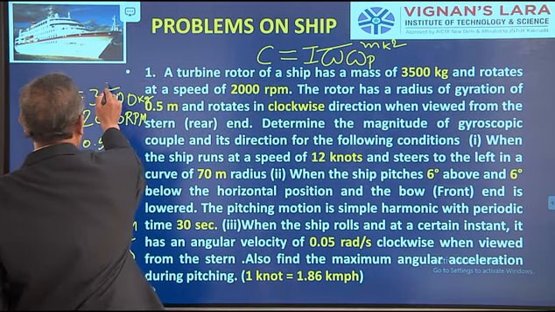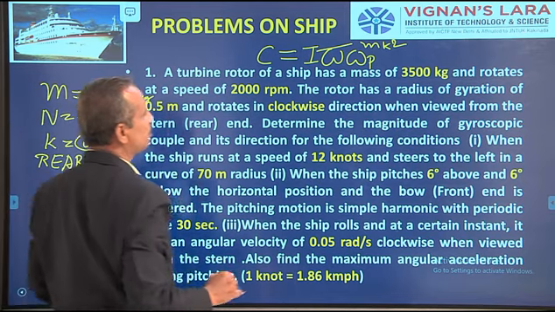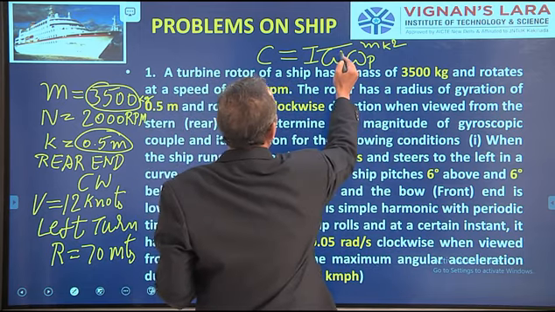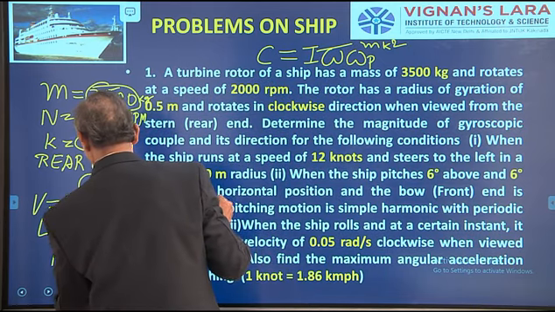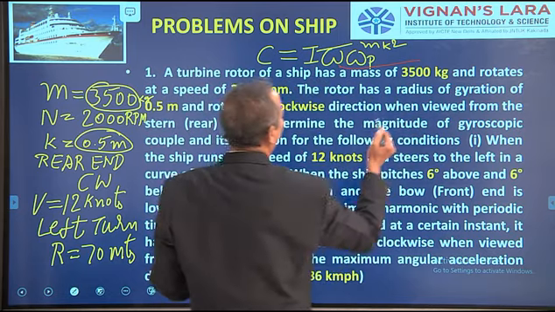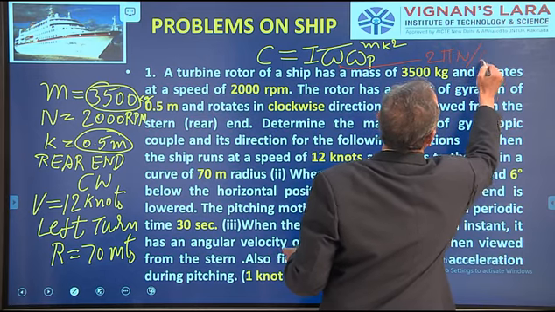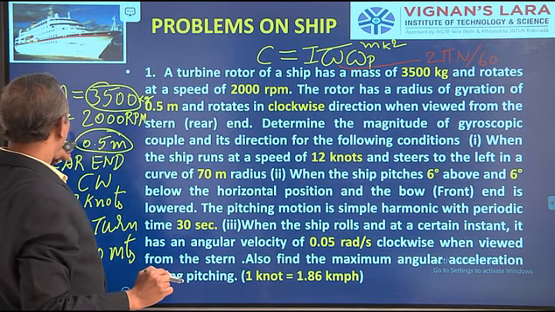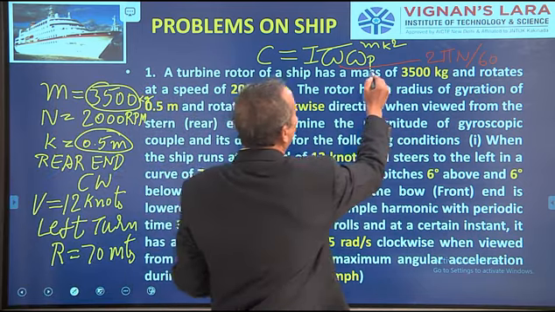Here we have the data M and K. By substituting those, we get the value of I. Then omega is 2 pi N by 60. I have the speed, so by substituting that I get omega.